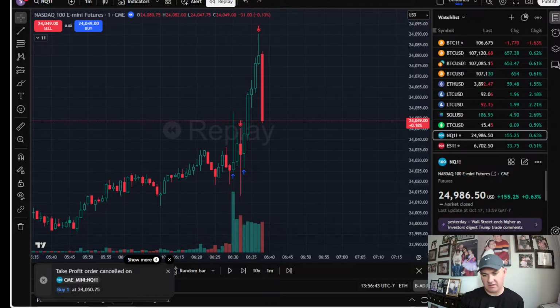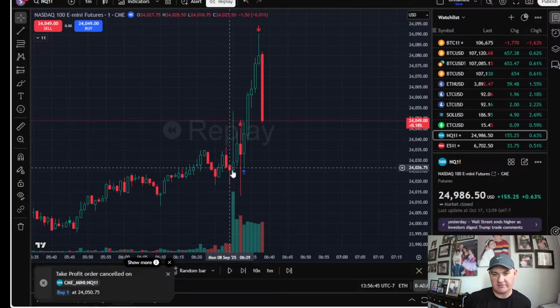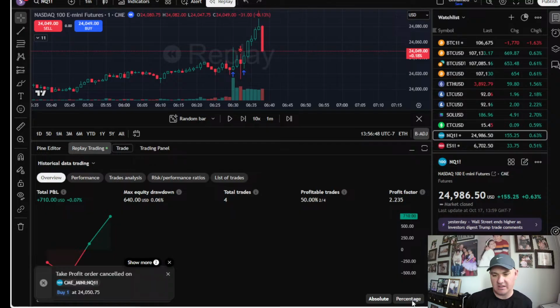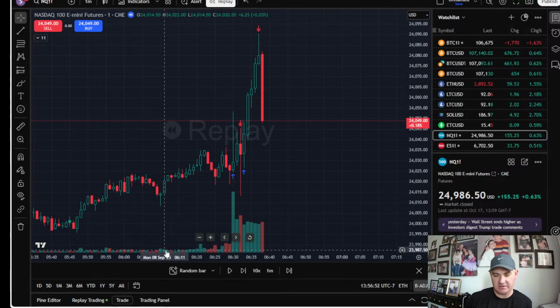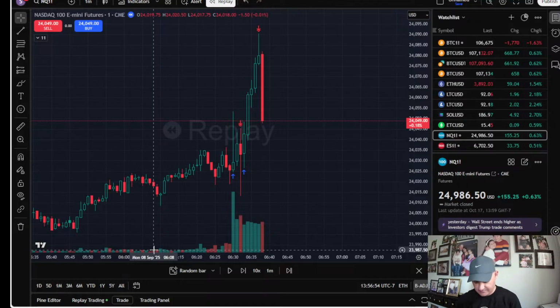Okay, so after getting chopped up a little bit here, AI is up $700. See if it wants to do anything here. I'm going to tell it not to give me analysis.